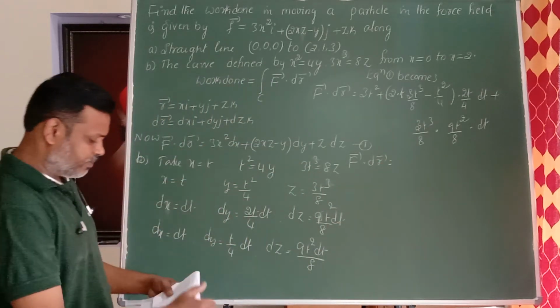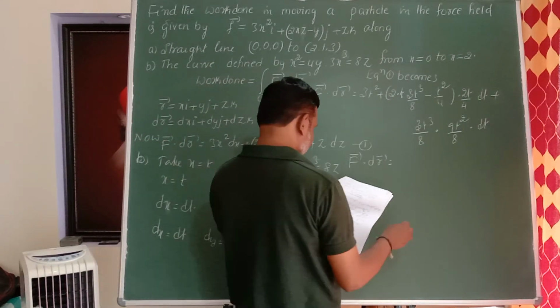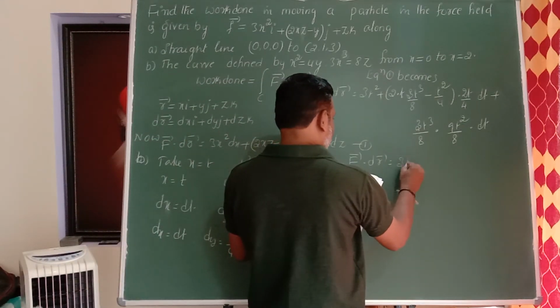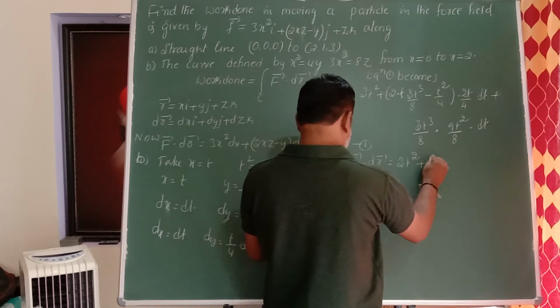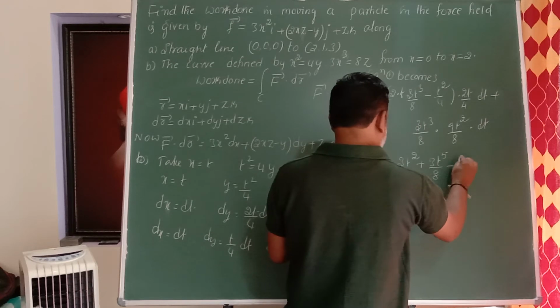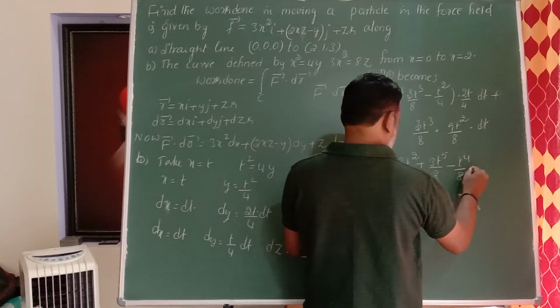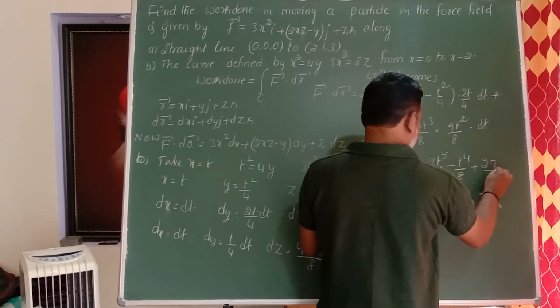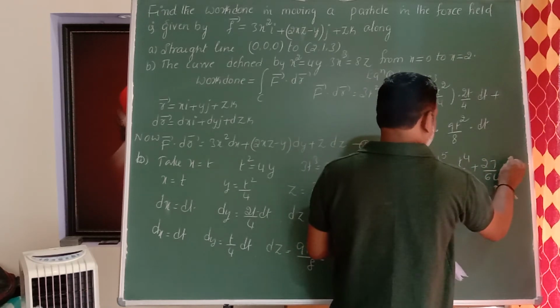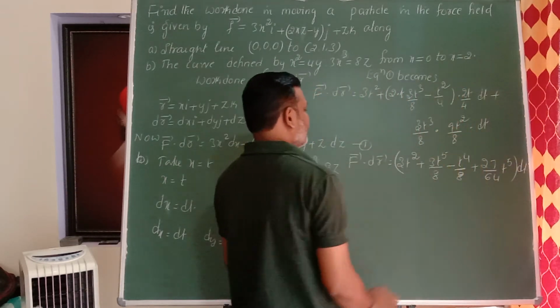Ultimately the equation becomes 3t square plus 3t power 5 divided by 8 minus t power 4 divided by 8 plus 27 divided by 64 t power 5 into dt. Okay, this is after simplifying.